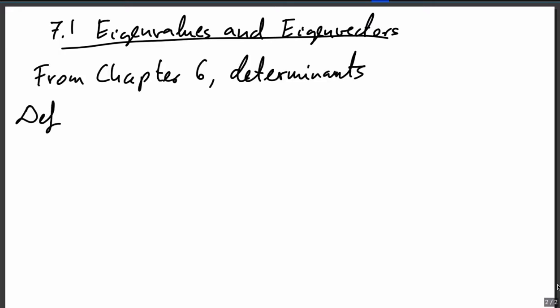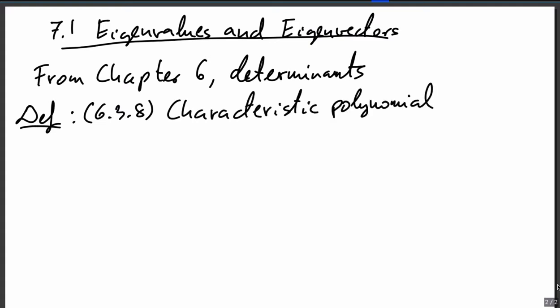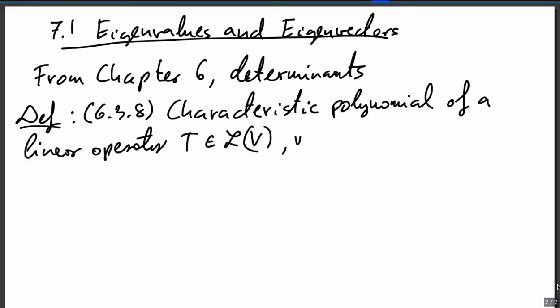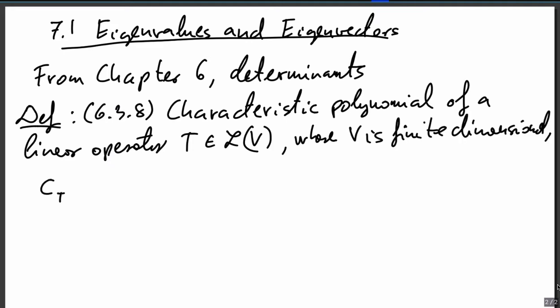First of all, we have to define the characteristic polynomial, and this is 6.3.8. The characteristic polynomial of a linear map or a linear operator T in L(V), where V is finite dimensional, is defined as C_T(x). C stands for characteristic, the initial of the characteristic polynomial.